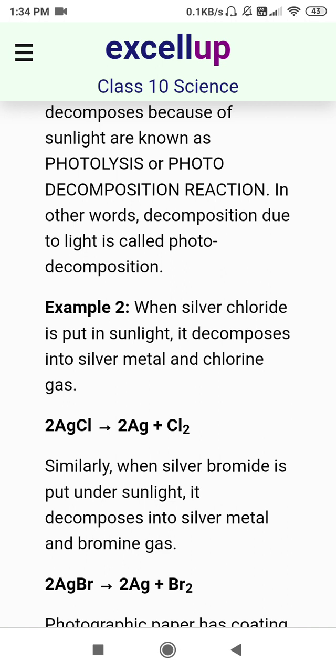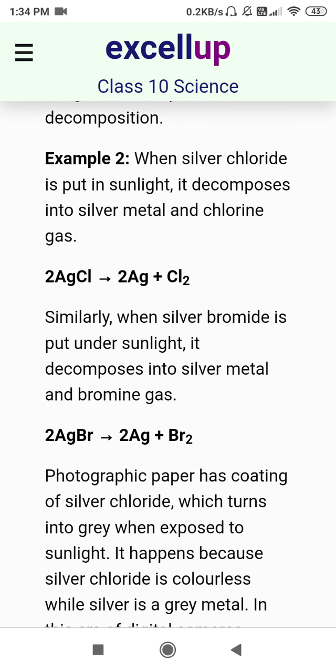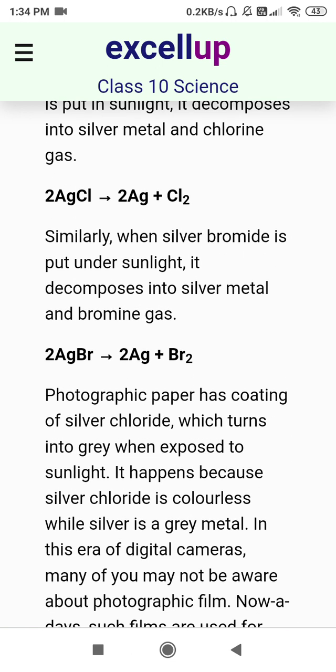The equation is 2AgCl is equal to 2Ag plus Cl2. Similarly, when silver bromide is left in sunlight, it decomposes to give silver and bromine. 2AgBr is equal to 2Ag plus Br2.